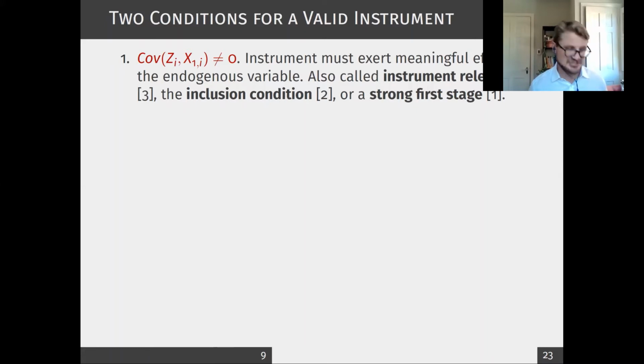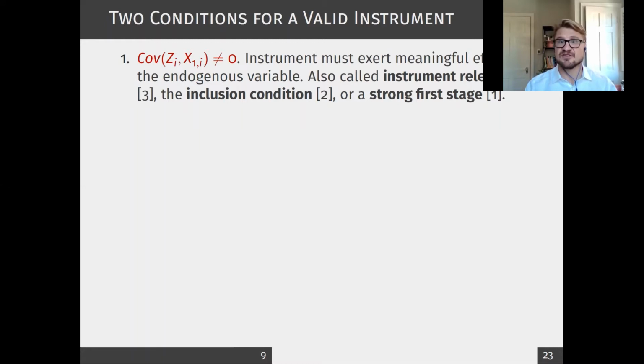So when we talk about conditions for a valid instrument, we're talking about our identification assumptions, our assumptions to have a kind of credible causal estimate of our program and policy of interest. And so the first one is that there should be a non-zero correlation between our instrument and our endogenous variable. Bailey talks about this as the inclusion condition.